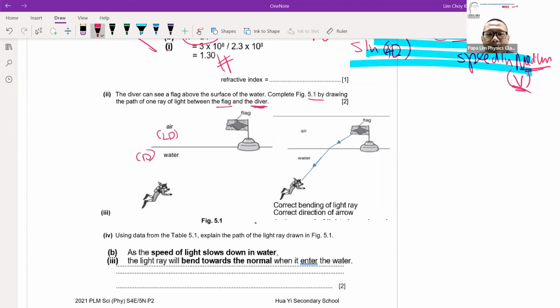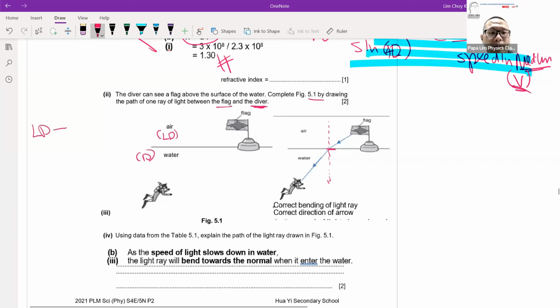The moment the ray hits the surface of the water, there is a normal here. The ray that you draw must bend in the right direction. Remember, dense to less dense.